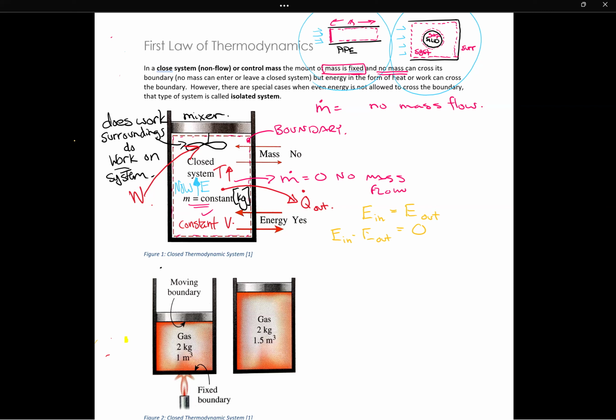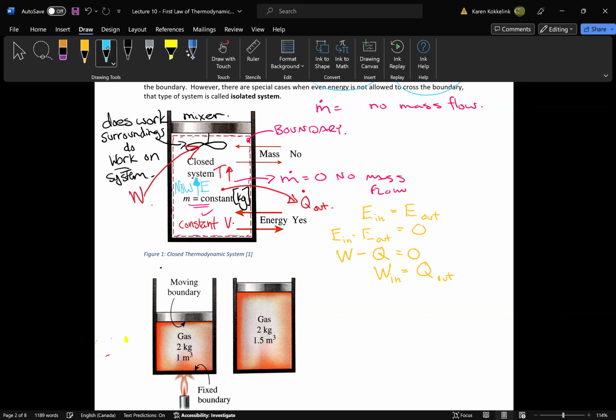It can only change form. And the energy that went in was work, and it changed its form to heat energy, and the sum of that is 0. So therefore, the amount of work that went in is the same amount of heat energy that went out. This is just energy and energy.